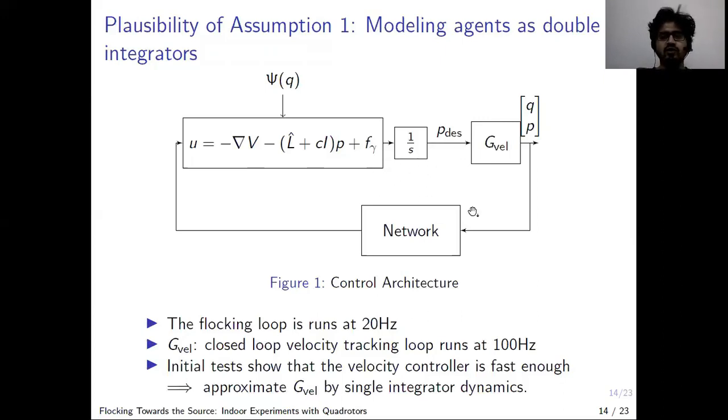Because the flocking loop is running slower at 20 Hertz, we observed that the performance of G_vel under reasonable p-desired trajectories that could come out of flocking could be approximated by a single integrator, which meant that the model of our quadrotor as a double integrator was reasonable for our setup.